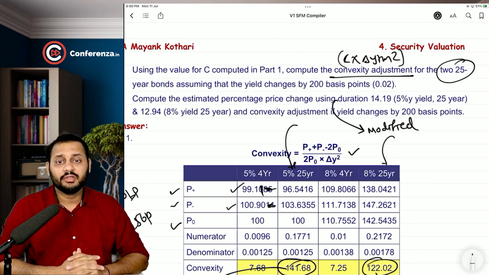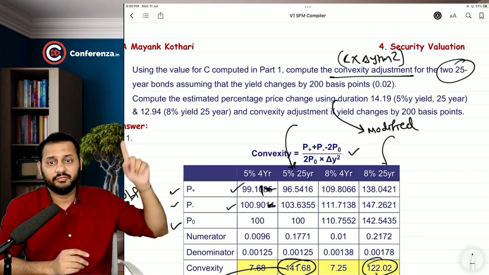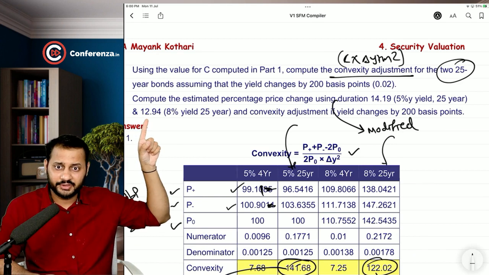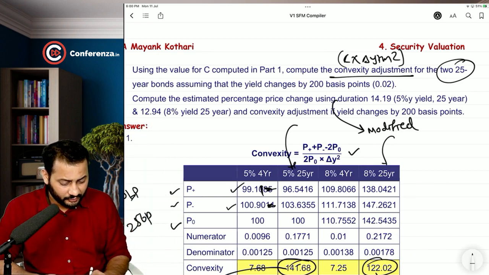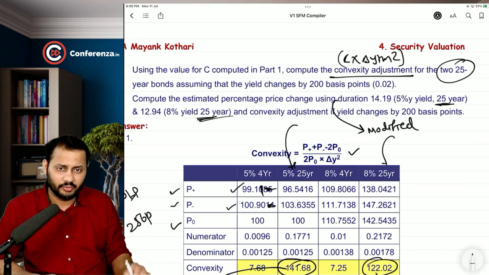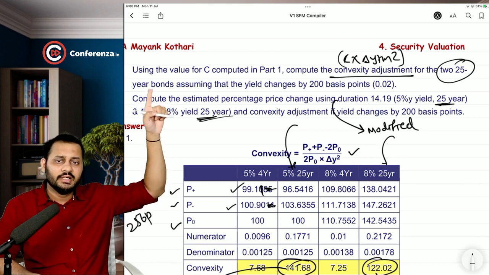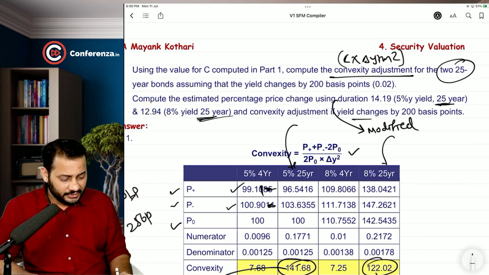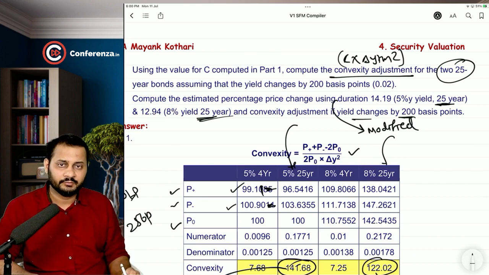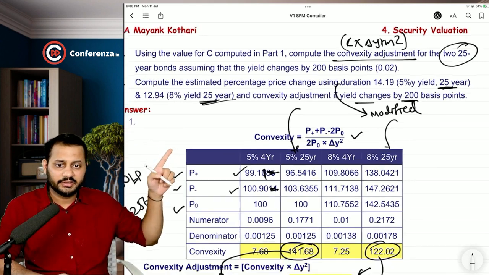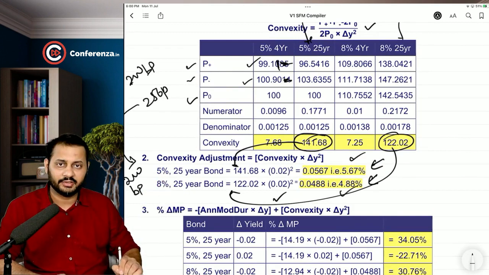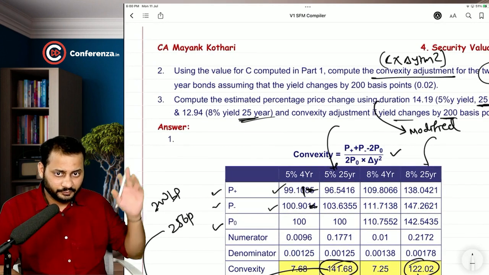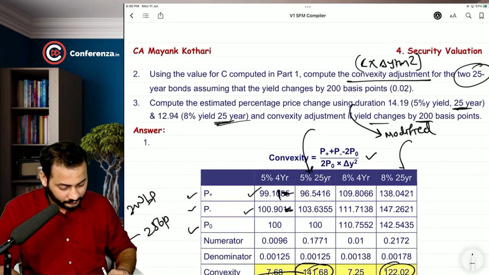We have to compute the estimated price change if we take this as the modified duration, and the convexity adjustment for the 25-year bond, meaning the same bond that we took in the second part, if the yield changes by 200 basis points. That means we have to use these answers, 5.67 and 4.88, and it's very simple. See, convexity adjustment.